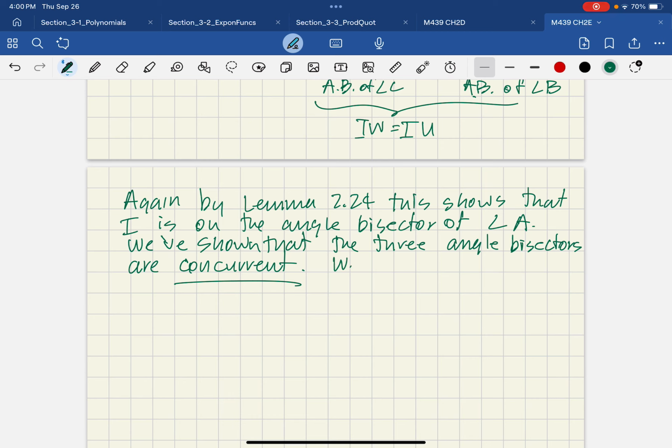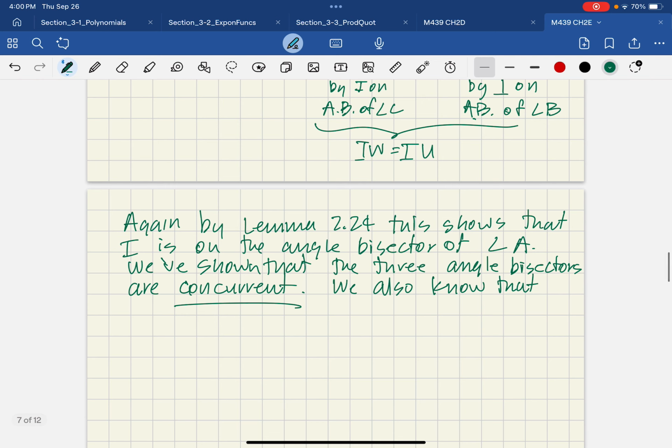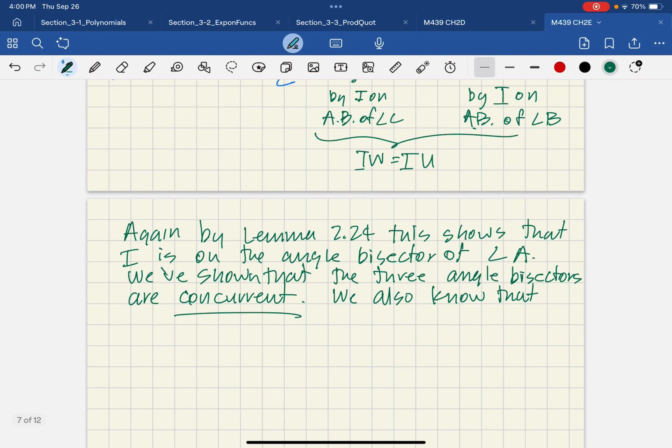And we also know that since they're all on the angle bisectors, and we've measured, I guess, the dropped perpendiculars, we know that they're equidistant from the three sides. So we know that, for example, IU is perpendicular to BC. IV is going to be perpendicular to AC, and IW is perpendicular to AB.